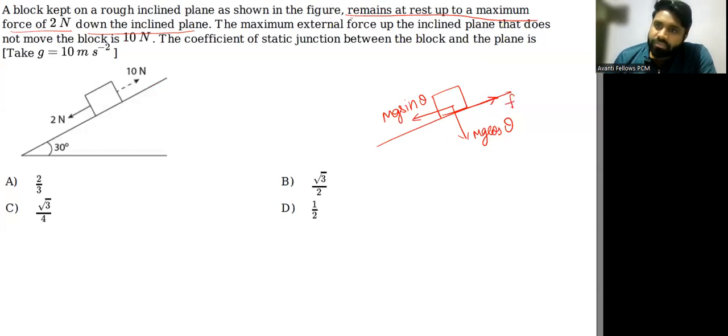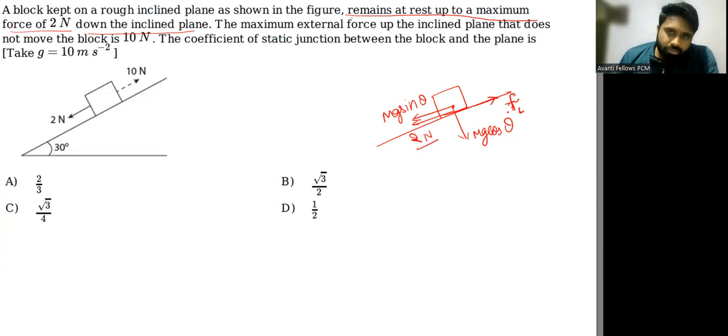So with this mg sin theta, 2 Newton of maximum force will be able to hold this block in this situation. Which means after 2 Newton, the block will start sliding. That also means that at this 2 Newton, the friction force will be limiting friction.